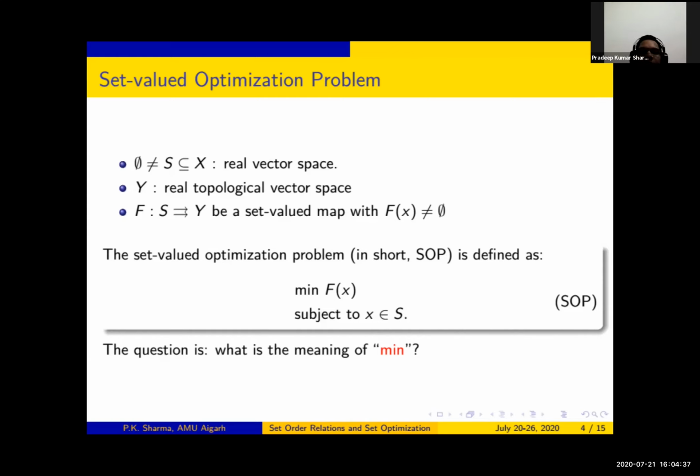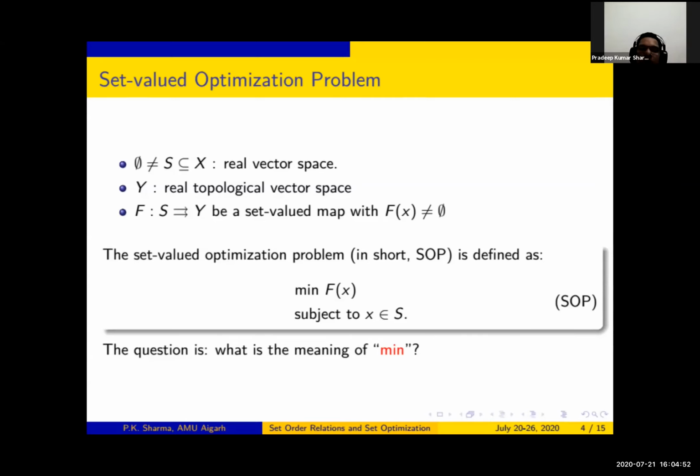Note that the objective function is set valued. So how will we define the minimum in the sense of sets? That is, how will we compare two sets?